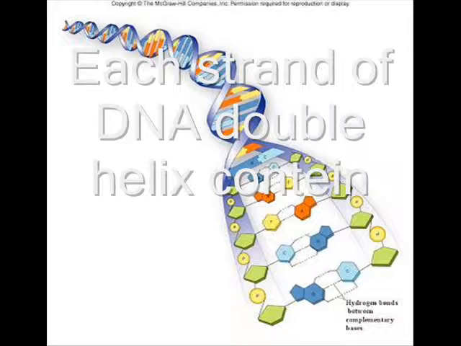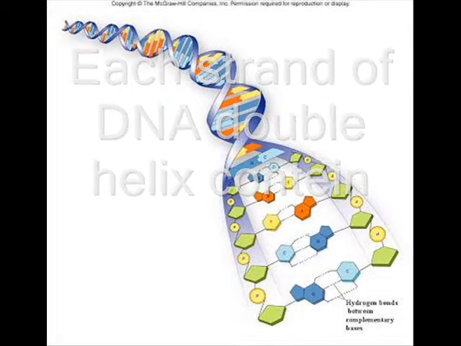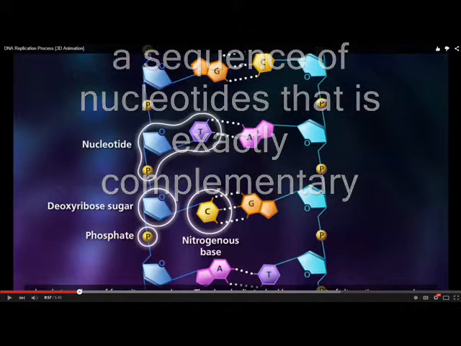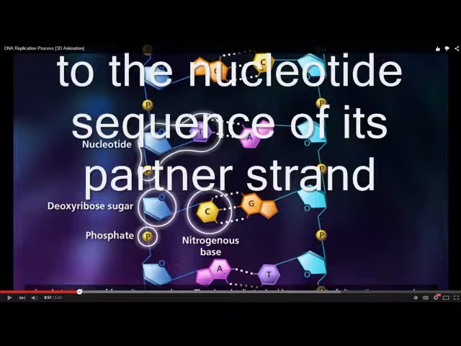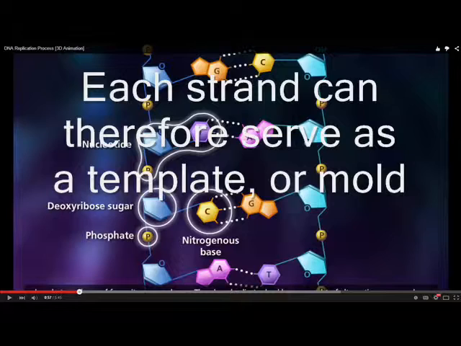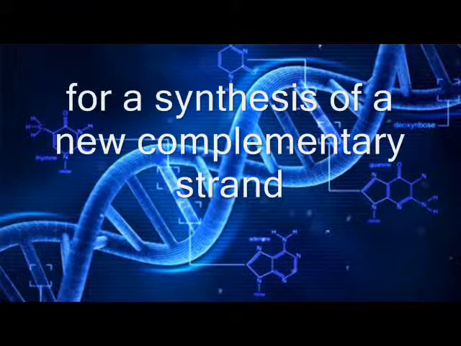Each strand of the DNA double helix contains a sequence of nucleotides that is exactly complementary to the nucleotide sequence of its partner strand. Each strand can therefore serve as a template, or mold, for the synthesis of a new complementary strand.